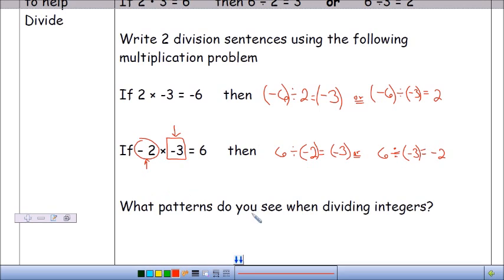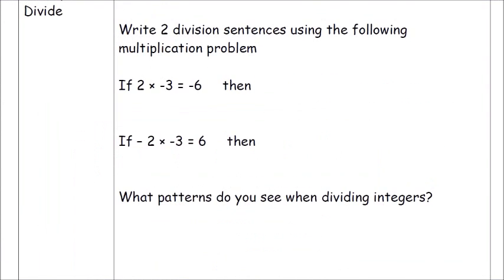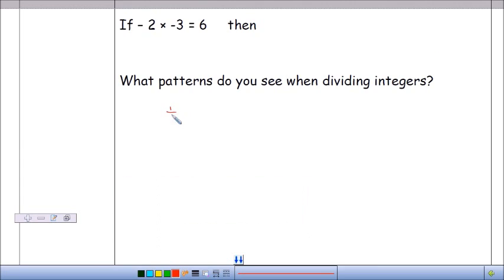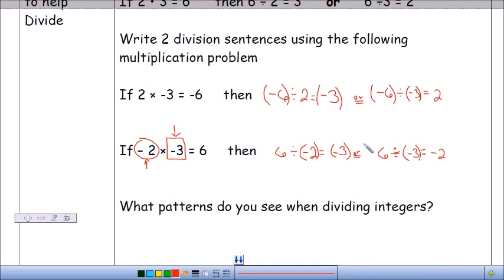Now the question says, what patterns do you see when you divide integers? It's kind of like the same thing we did for multiplication. The patterns are really simple. Whenever you divide a positive number by a positive number, your answer is going to be positive. Let's go back and look at the next one.